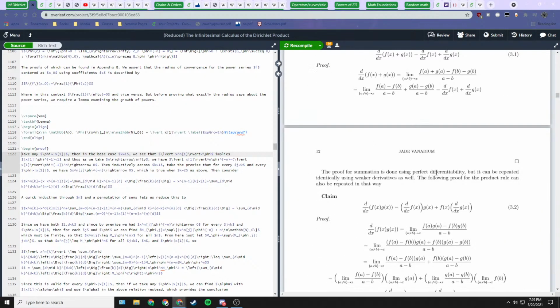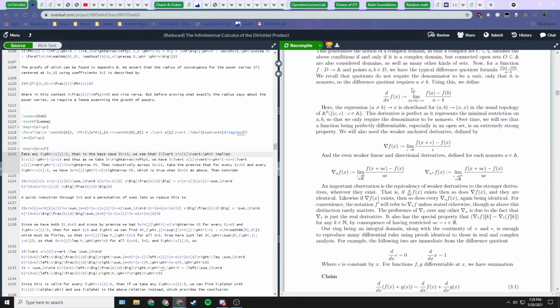It's where instead of having one variable that limits to the point that it's going to, you have two variables that do so independently. A difference quotient is essentially an average slope between two points.